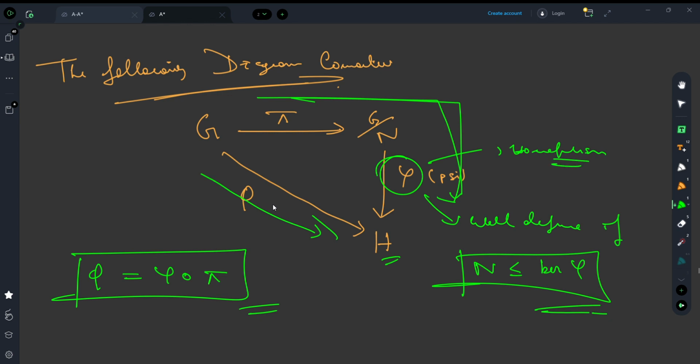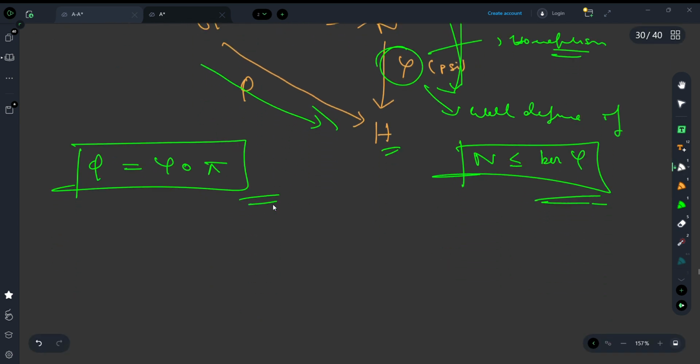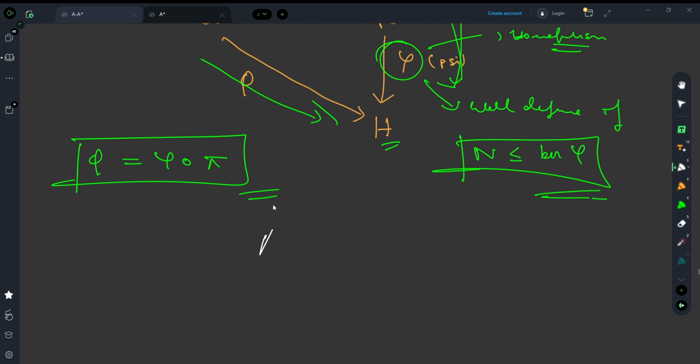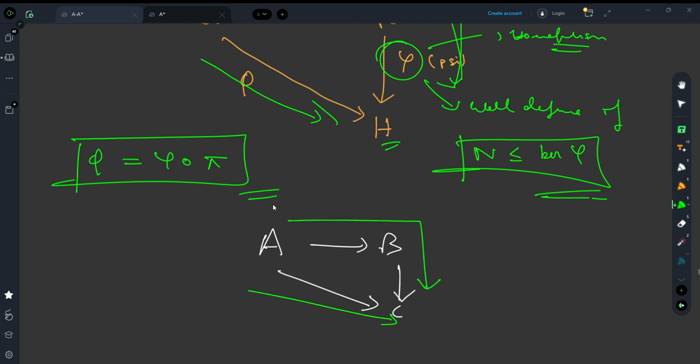We are speaking about homomorphisms. This structure is called a commutative diagram. That is, suppose you have A mapped to B mapped to C and A directly mapped to C. Moving from A to C in this direction is the same as moving from A to C directly from here. That is what we call a diagram to commute.